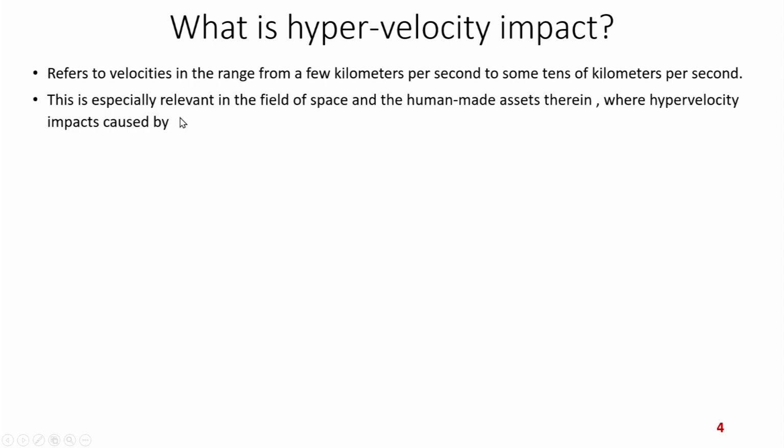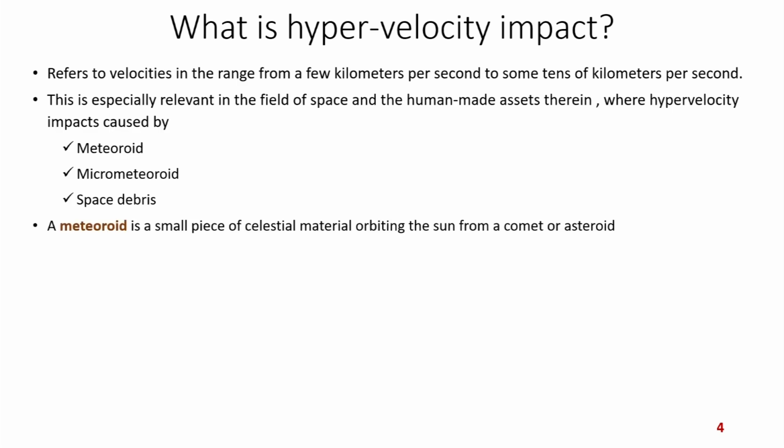This is very relevant to the field of space and human-made assets, where hypervelocity impacts are caused by meteoroids, micrometeoroids, and space debris. So, what is a meteoroid? A meteoroid is a small piece of celestial material which orbits the sun, and it can be generated from a comet or an asteroid.